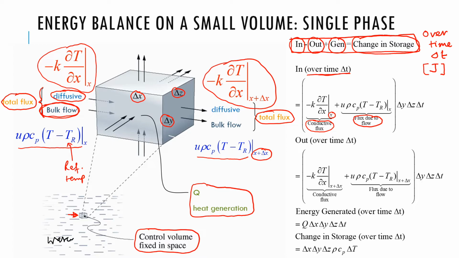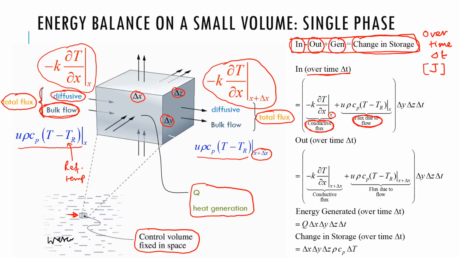Because water can flow, this energy is simply being carried into the control volume. So there are two parts. Even if the water was still, there would be the conductive flux, and if the water is moving, then it's carrying some energy with it on top of the conductive flux.